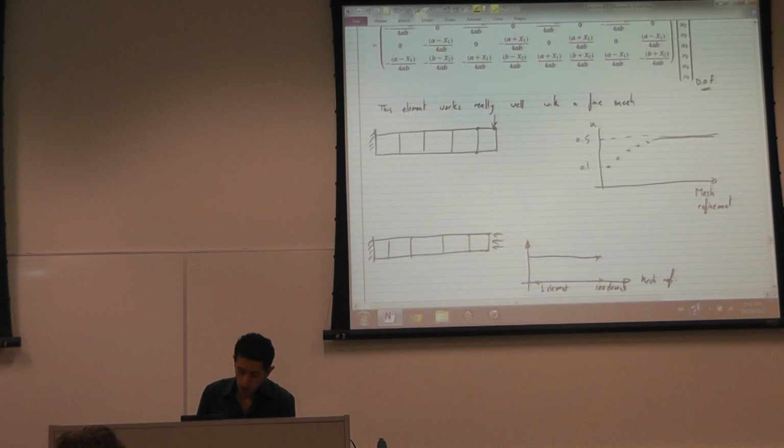But for this problem, the deformation is different. What I'm trying to model is this behavior, using this possible behavior.